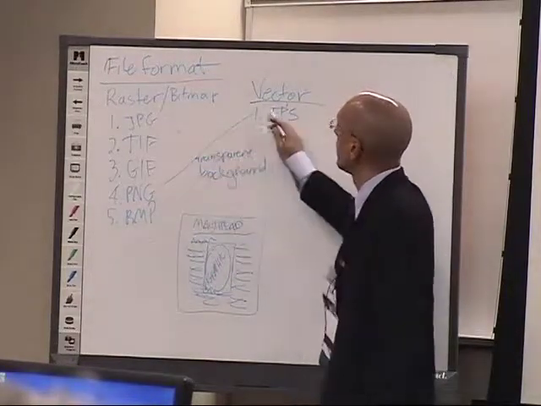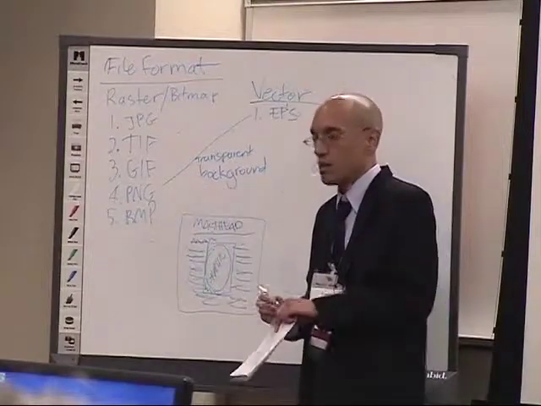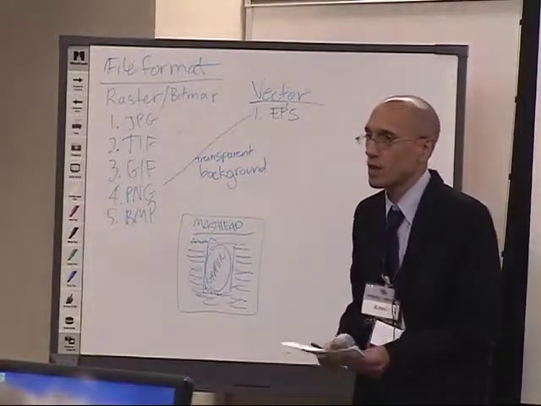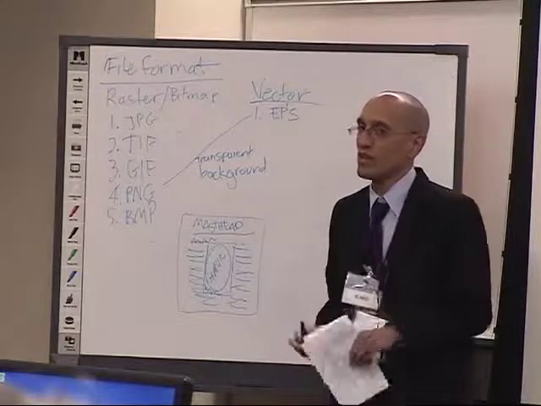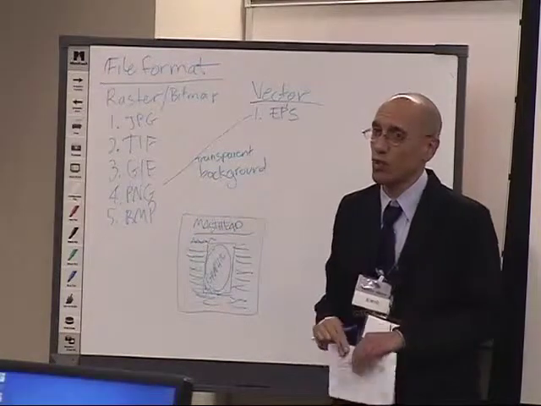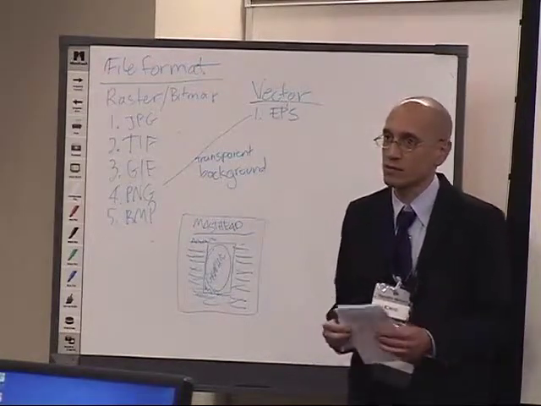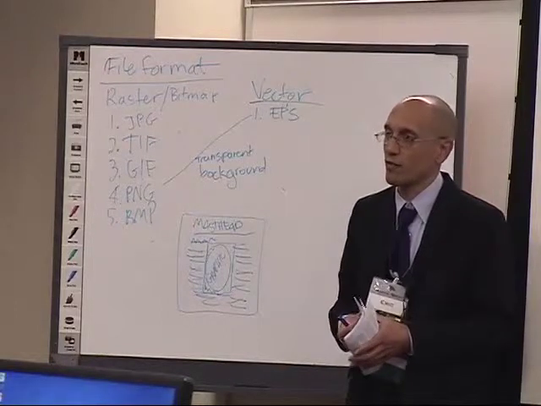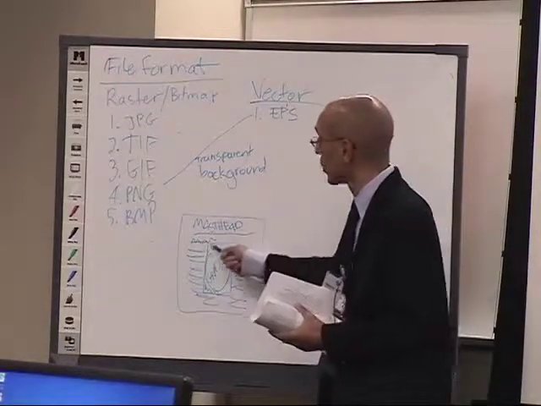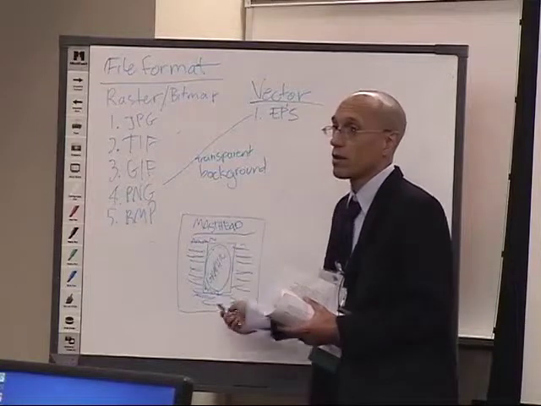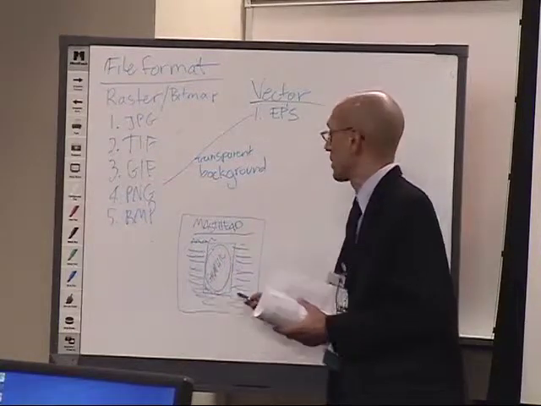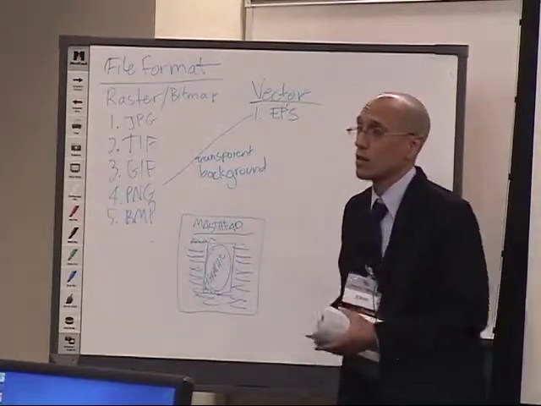So a PNG or EPS will allow me to have a transparent background. It's not the case with photos though. It's with a graphic. All right? Photos are photos. You're going to have a square, no matter what, with a photo. I mean, obviously.